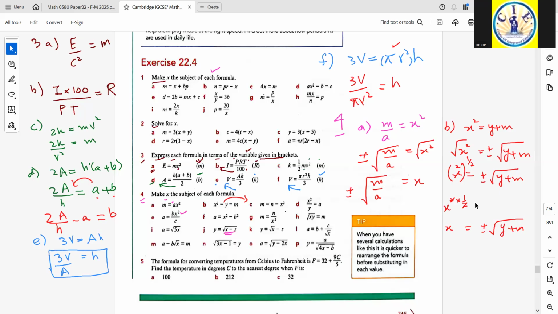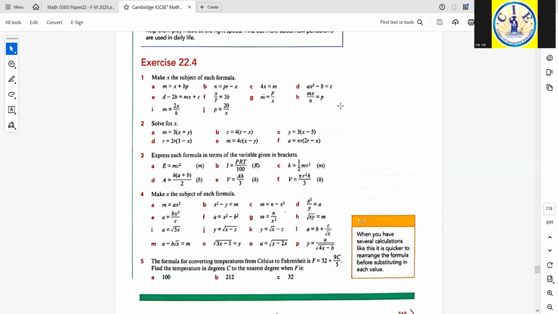Okay. Then for part C, let me shift this negative x to the other side.